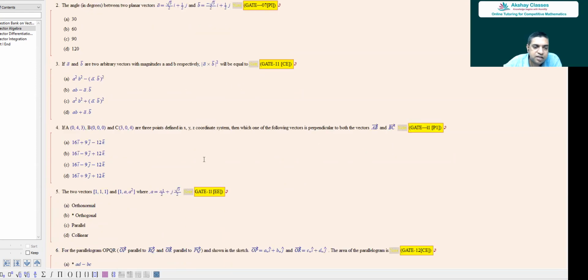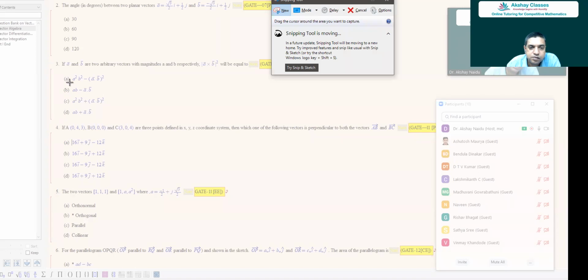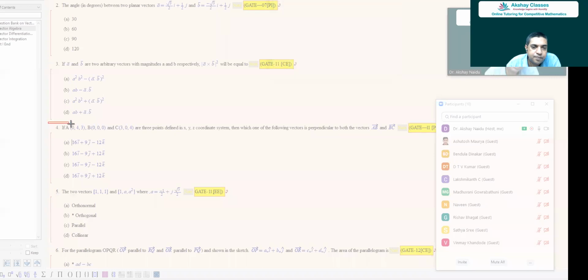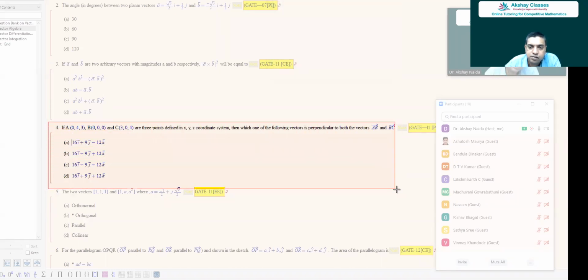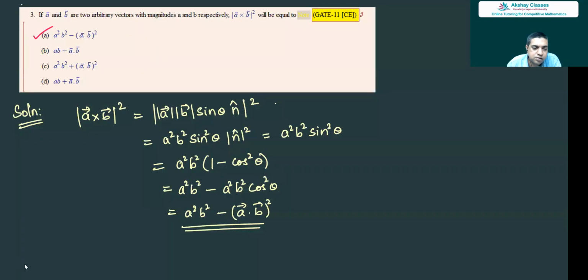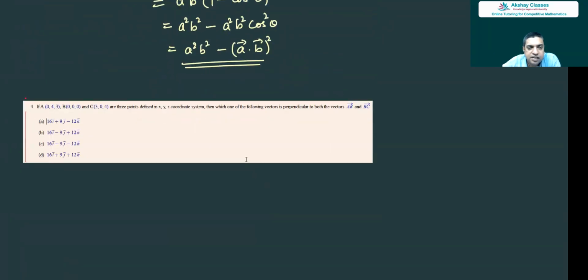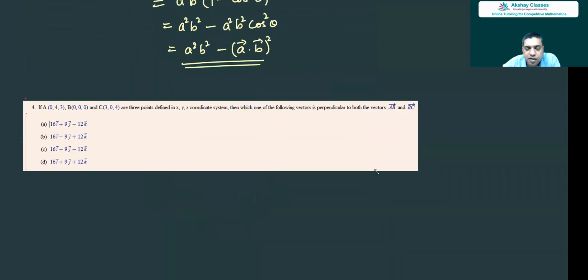So next one. If A, B, and C are three points, then which one of the vectors is perpendicular to both AB bar and BC bar?